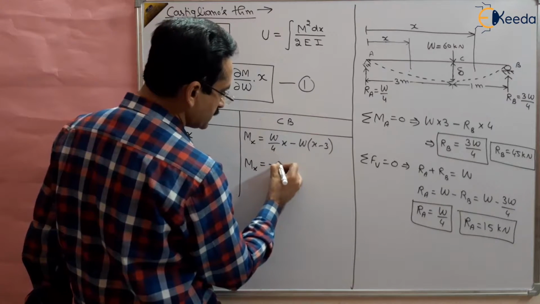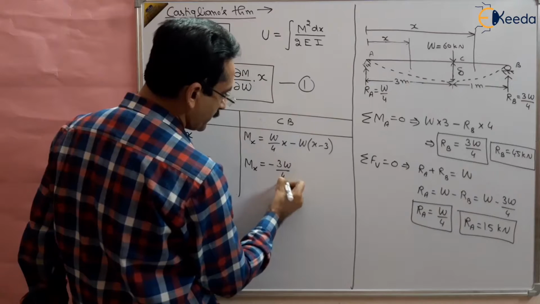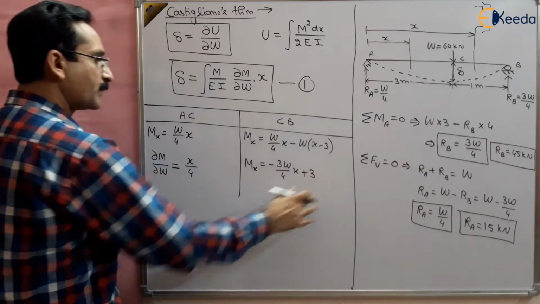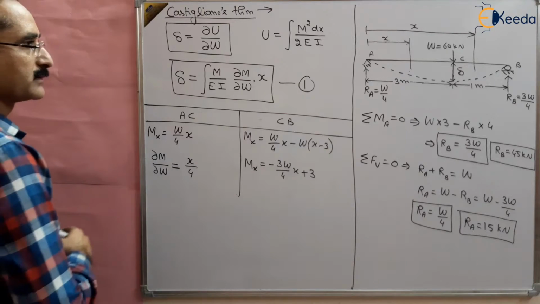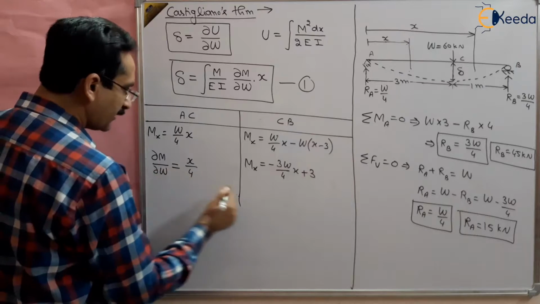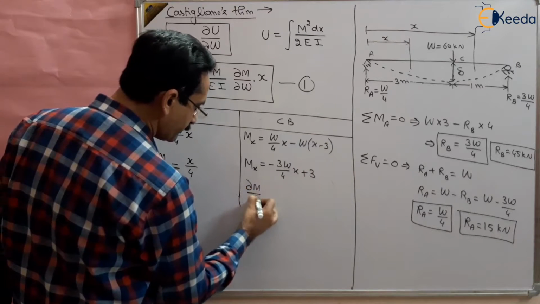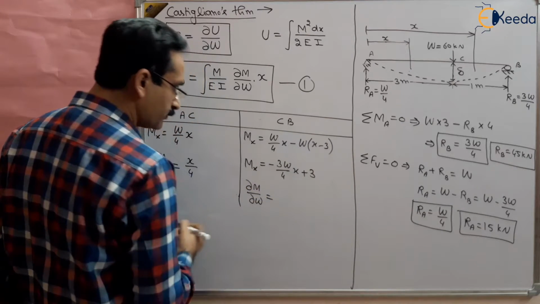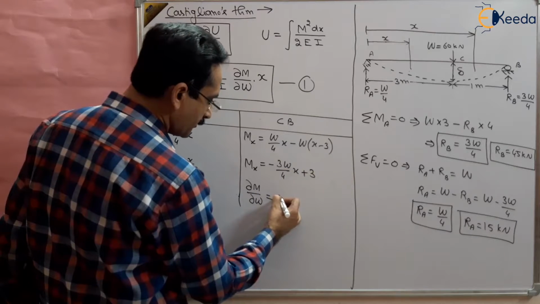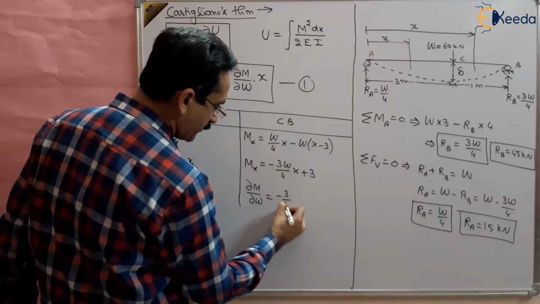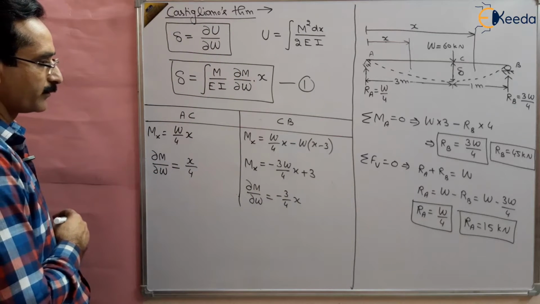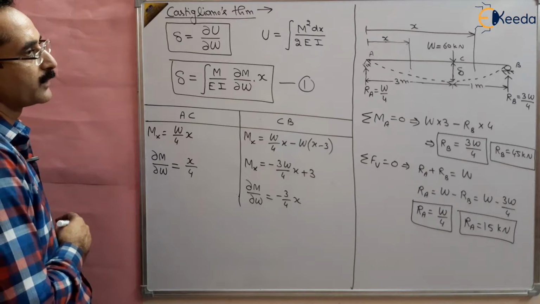So this is minus 3W by 4 X plus 3. This is the bending moment Mx, valid between C to B, right? And we need the partial derivative. So del M by del W for this part will be equal to the differentiation of this, which will come out to be minus 3 by 4 X, right?